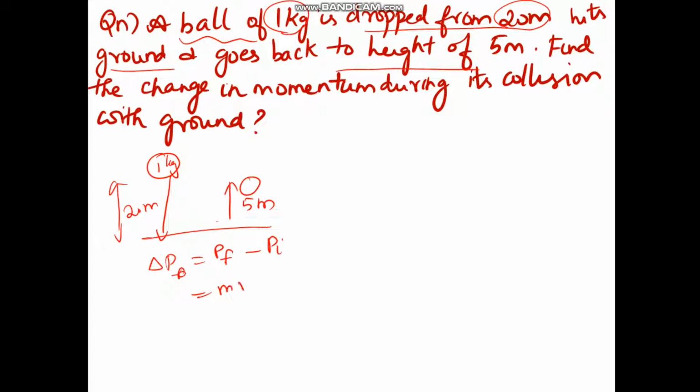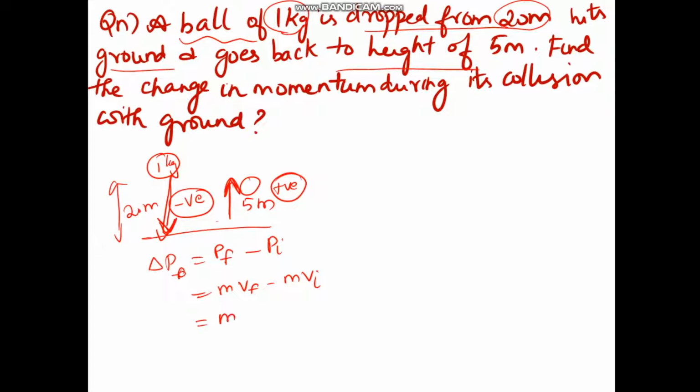Final is m into vf minus m into vi. See here, since it is moving along the negative direction, I take it as a negative axis. Since it is moving in the positive y direction after bouncing, I am taking this as a positive axis.